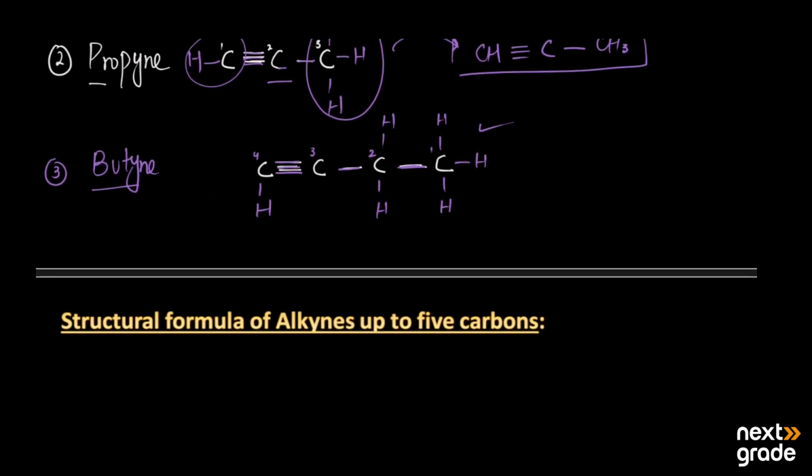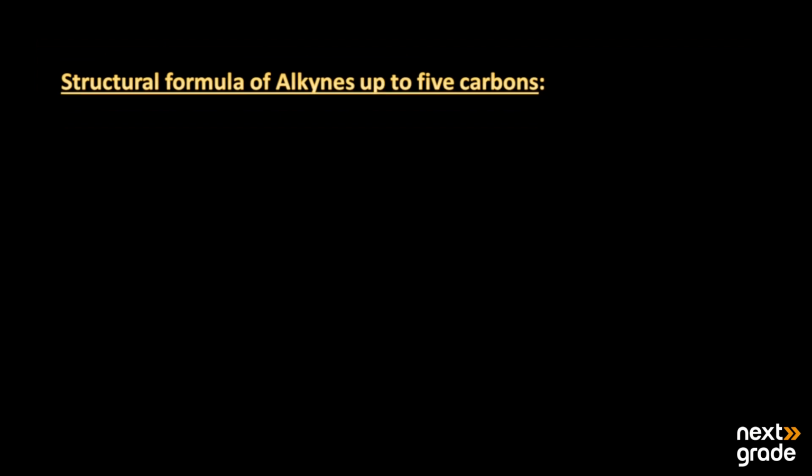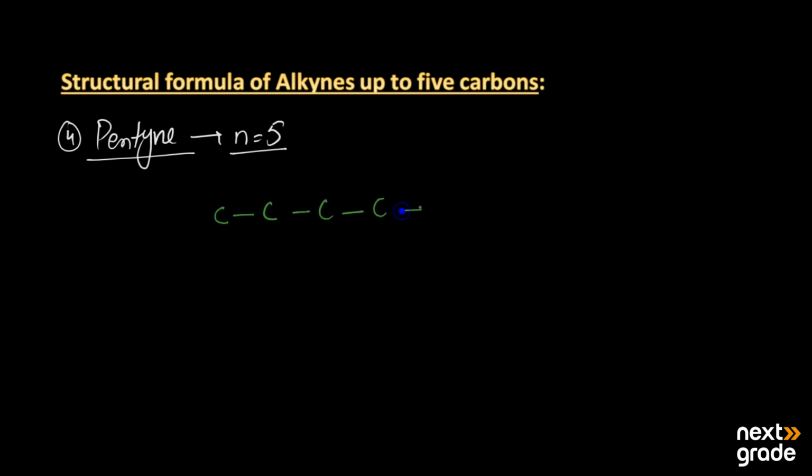Next we have the fourth alkyne, that is pentyne. In pentyne, n is equal to 5, so we draw five carbon atoms, 1, 2, 3, 4 and 5. Two carbon atoms will have a triple bond. Now we start the numbering. Carbon number 1 has three bonds, so it will have one more hydrogen.